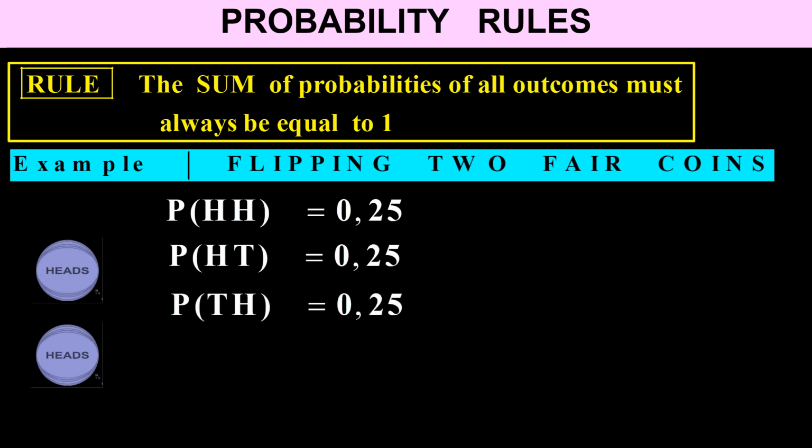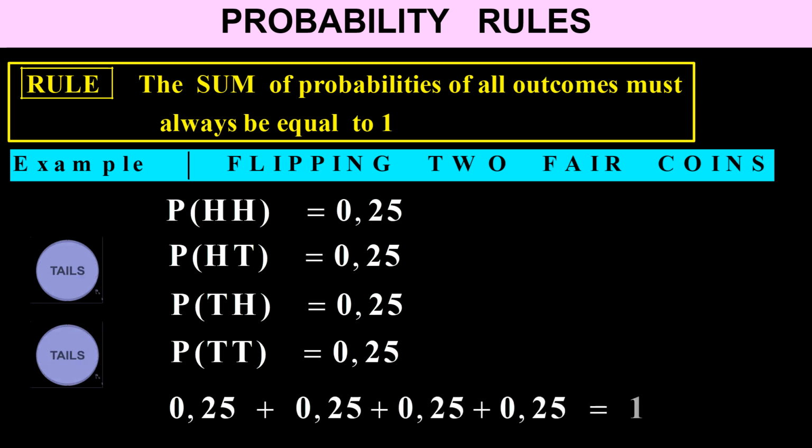Probability of getting tails and heads is 0,25. Probability of getting both tails 0,25. We find the sum of those probabilities. I get a total of 1. 0,25 plus 0,25 plus 0,25 plus 0,25 is equal to 1. So the sum of probabilities of all the outcomes must always be equal to 1.